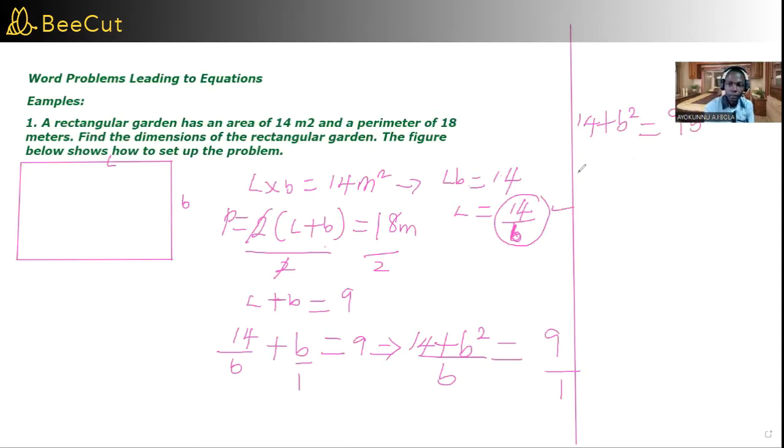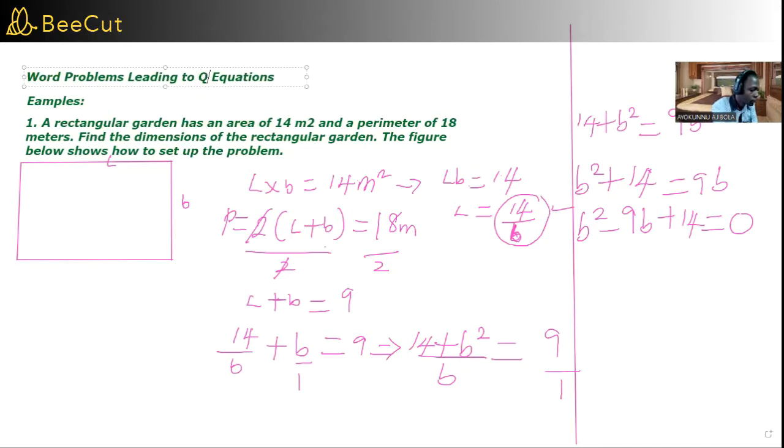Then you can say b squared plus 14 equal to 9b, or you say b squared minus 9b plus 14 equal to 0. So this is giving us a quadratic equation. I need to put the type of equation it is: leading to quadratic equation. That is the problem leading to quadratic equation there.